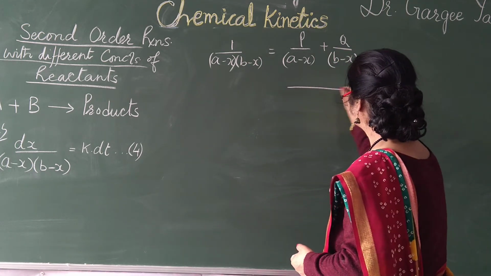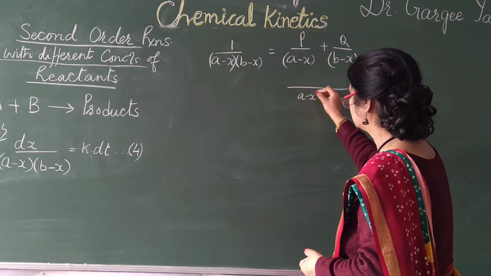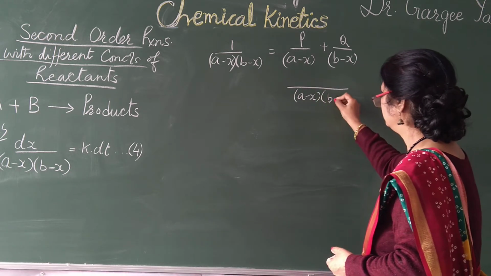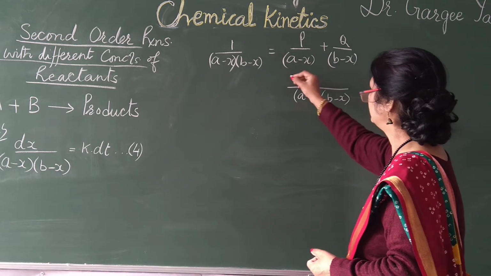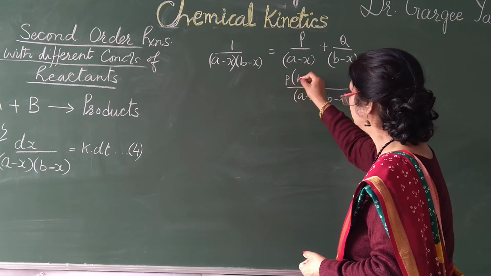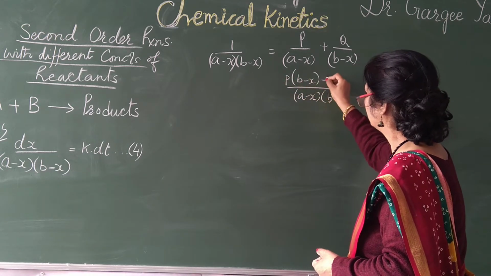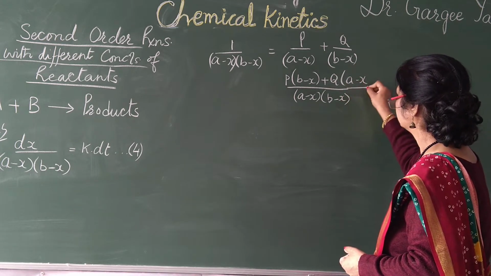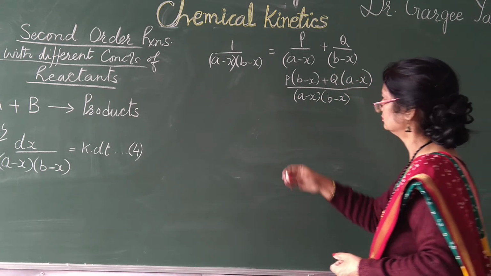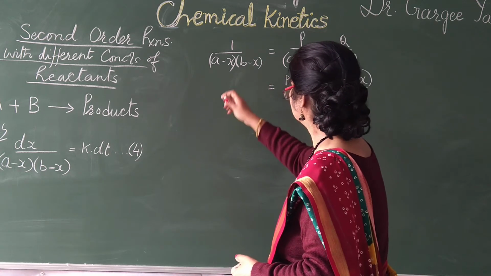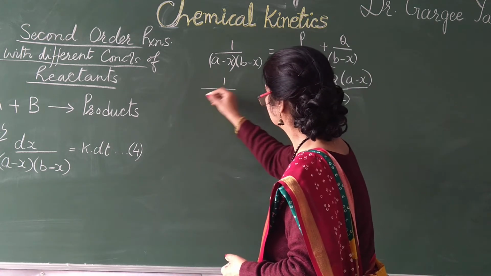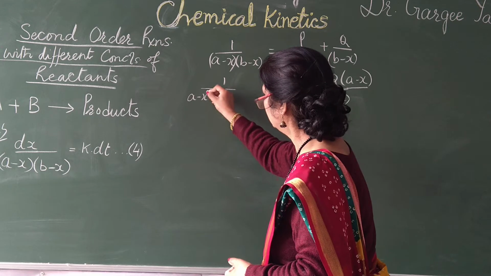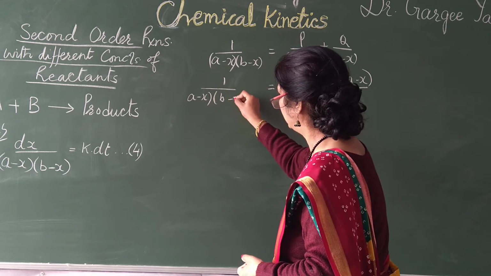Simple calculation over here. This will come in LCM: (a minus x)(b minus x), and here we will be having P into (b minus x) plus Q into (a minus x). And this is equal to 1 upon (a minus x)(b minus x).